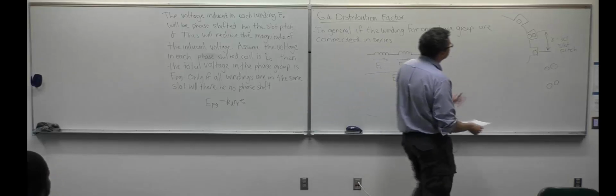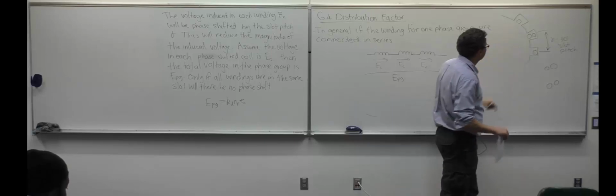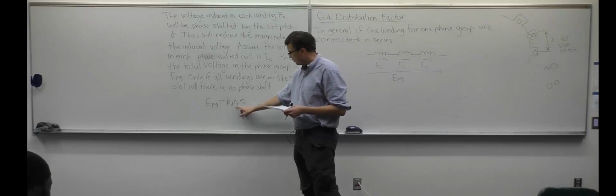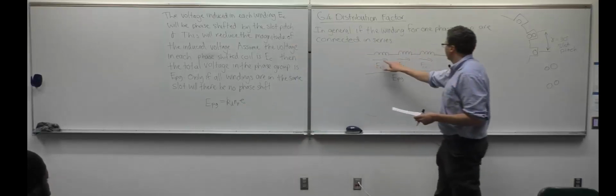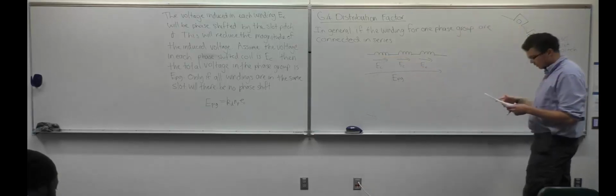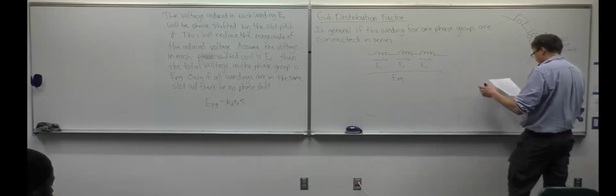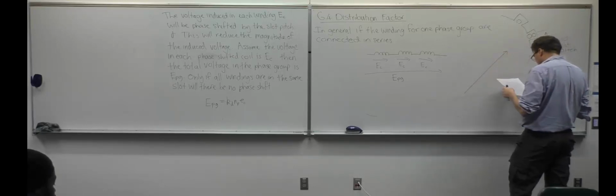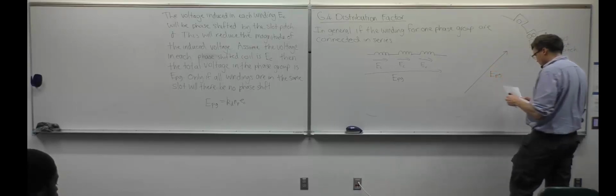In this case, there's one slot shift. The way that I'm going to define this would be a 2, and then EC will be the number of voltages that are created across each coil. So we could draw this, we would have some total.